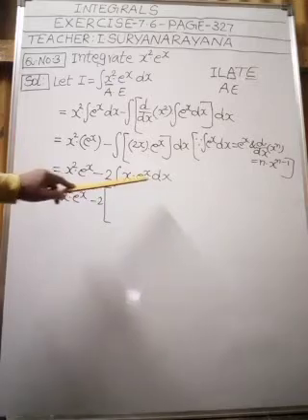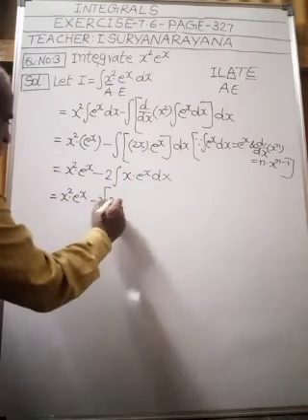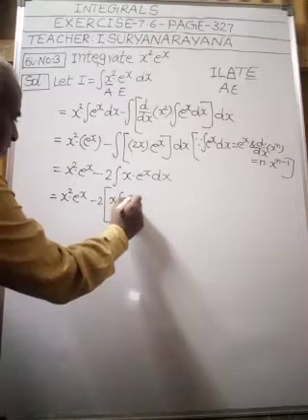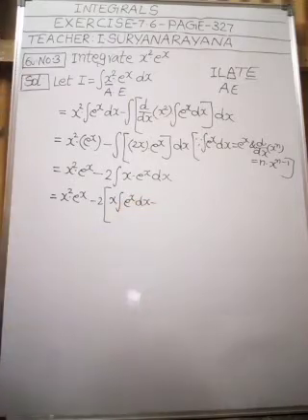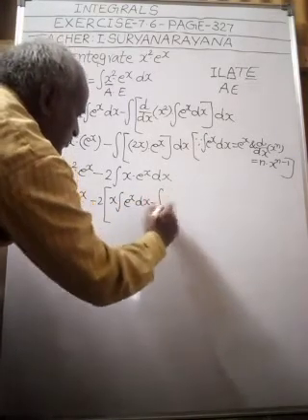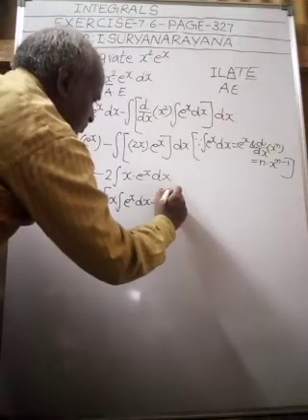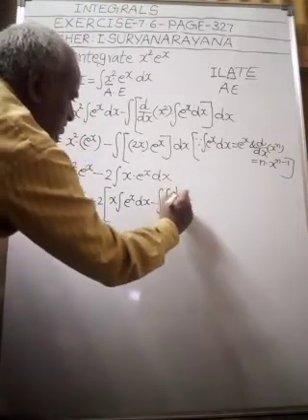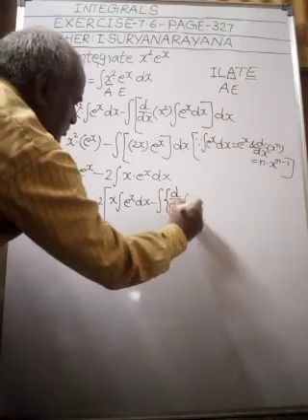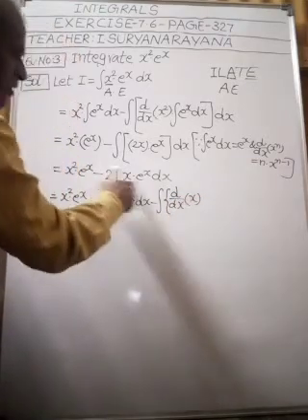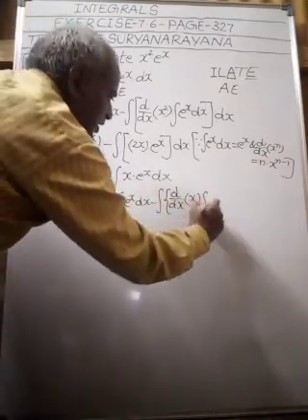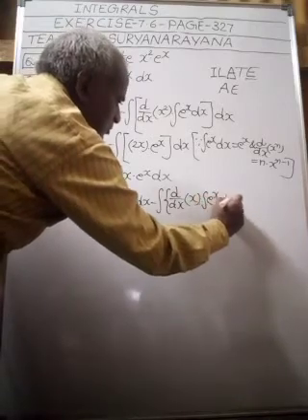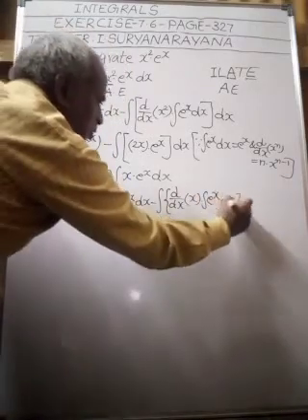So first function into integral second function minus integral of d by dx of first function into integral second function, whole dx.